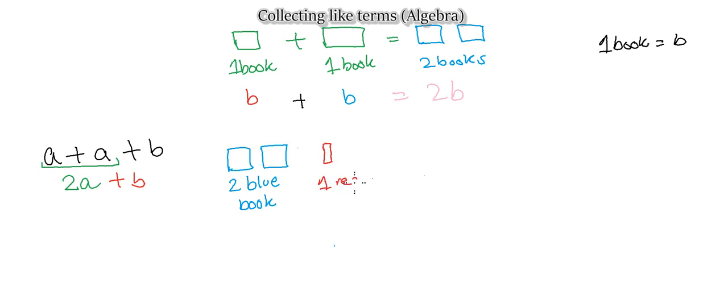As you can see, I have two completely different objects. This is books and this is a pencil. I cannot add them together. They are two different objects. So when I say what I have, I would say I have two books and one pencil. I can't say I have three book-pencils. That'd just be wrong.